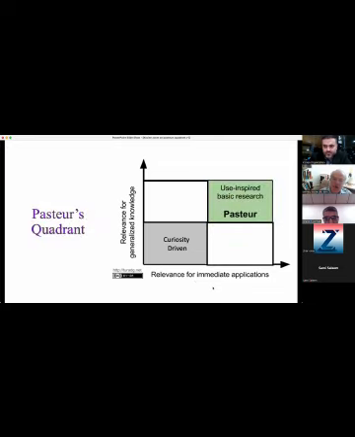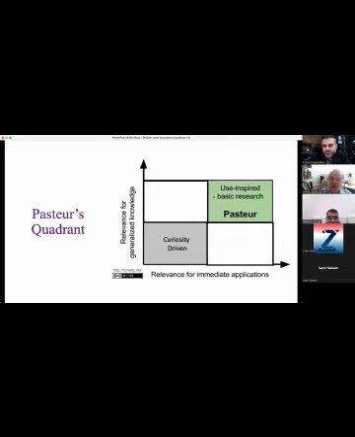The quadrant that gave the title of his book is what he called Pasteur's quadrant. He was thinking of Louis Pasteur in France in the 19th century doing work that was increasing our understanding of fundamental biology, and at the same time was leading to pasteurization, how you made your milk safer for human consumption.